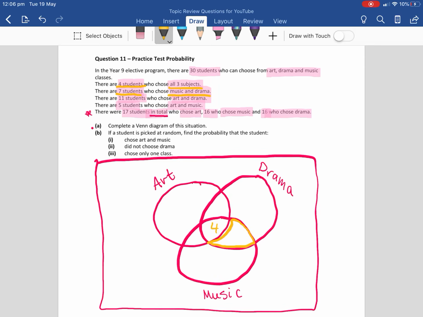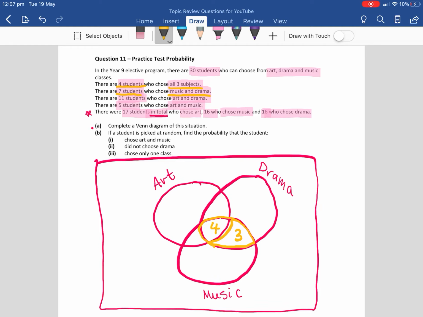So 7 people chose both of those. However, you need to account for the 4 in the middle, because these 4 chose drama and music, but they did also choose art. But because they chose music and drama, we need to minus those 4 from the 7. So the number 3 should go here.